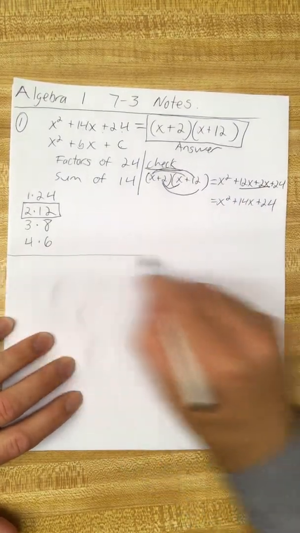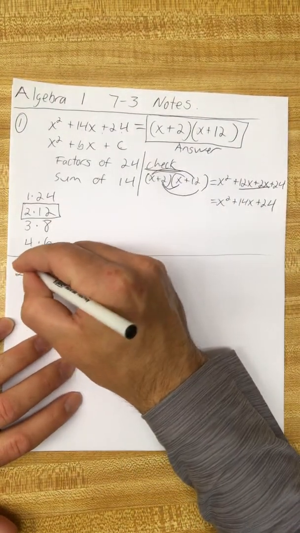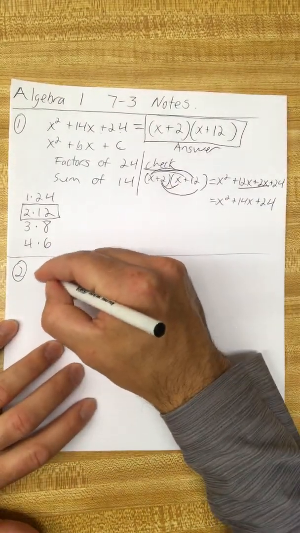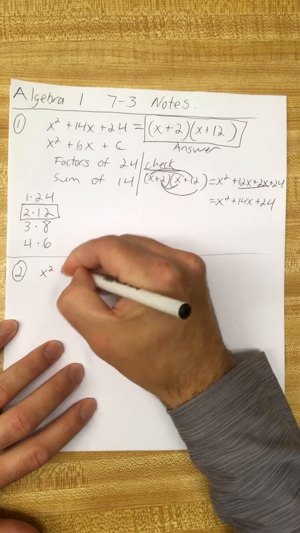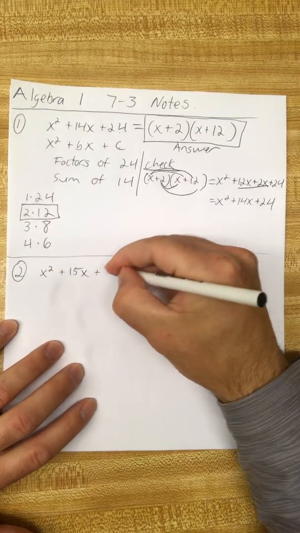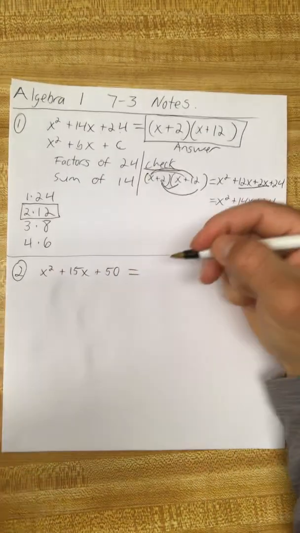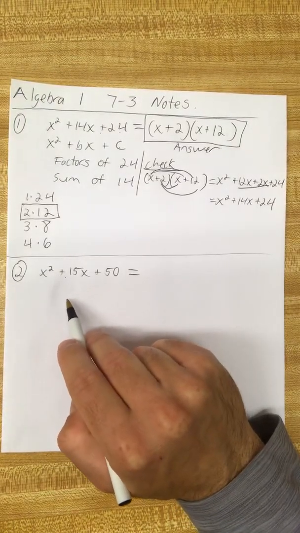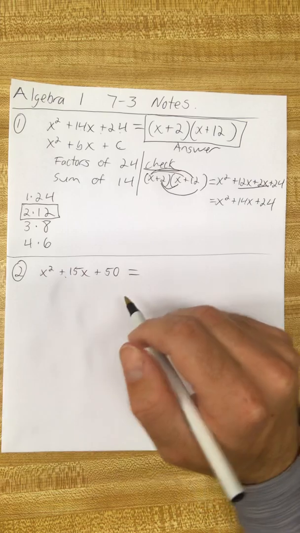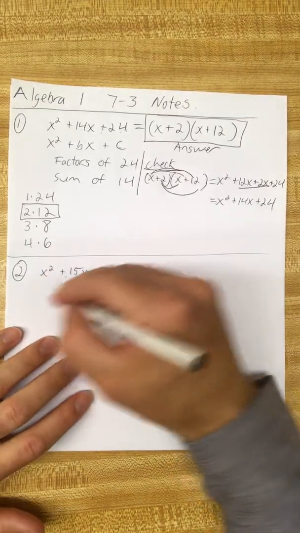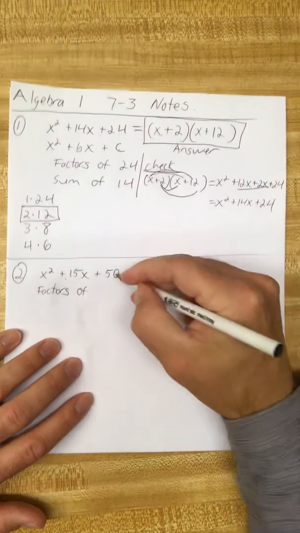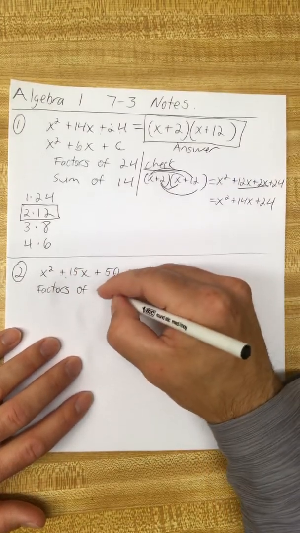Okay, so let's do another one like that. Plus, plus, that's something you want to pay attention to as we go through these. So factors of 50. C is what drives our problem here.